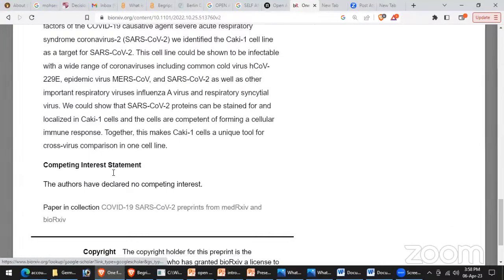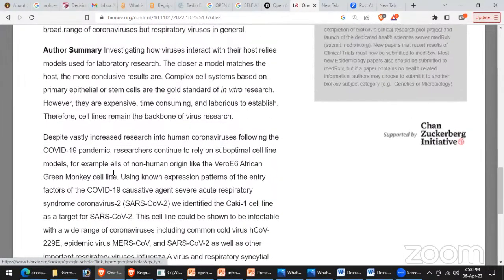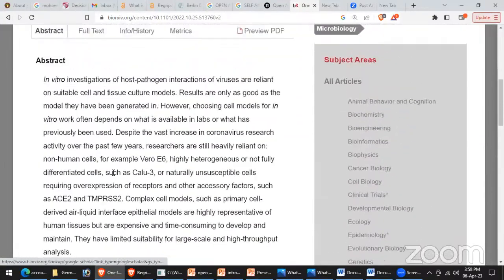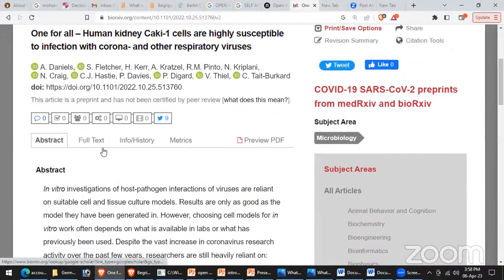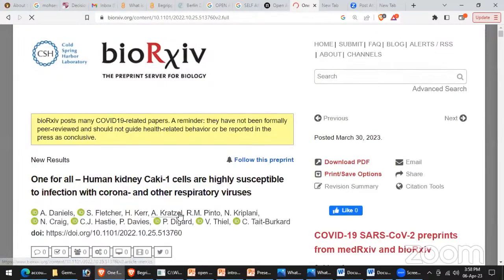It will tell that I'm doing so and so, this is my problem and I have taken this methodology. It will be a brief author summary type. If you want a full paper, you can go for it. And you can see the metrics also.